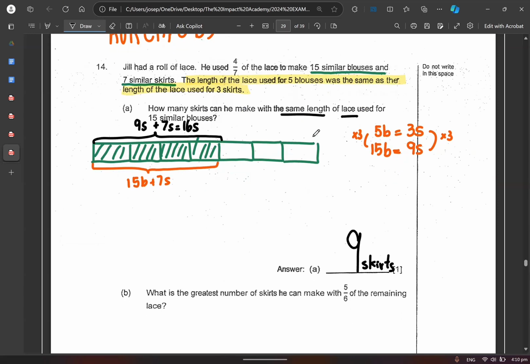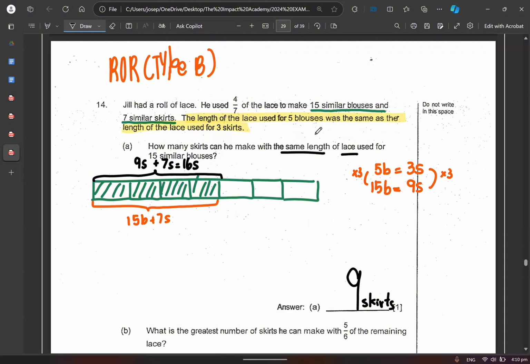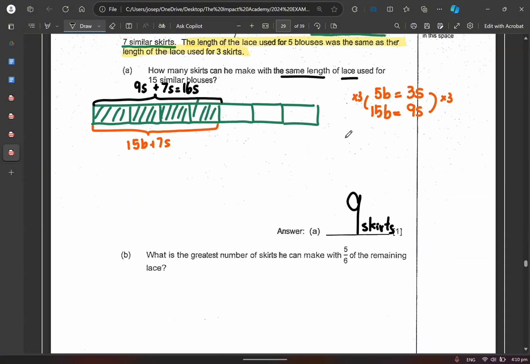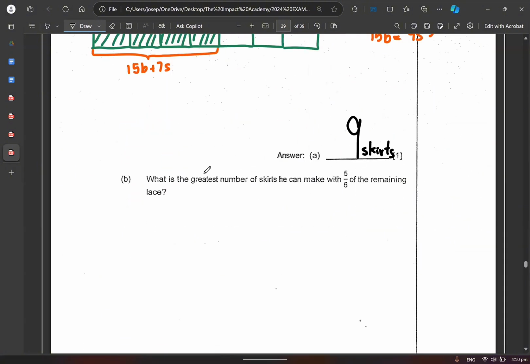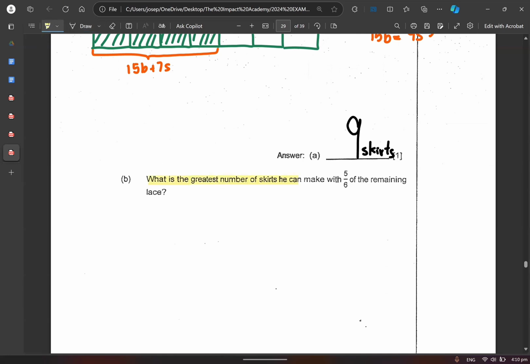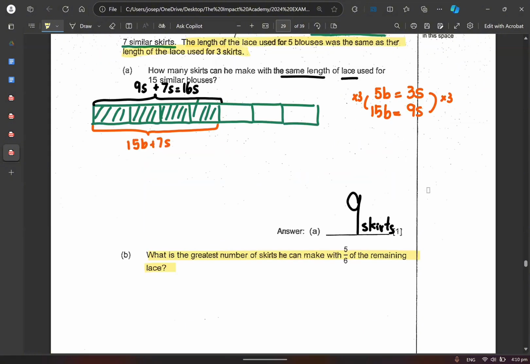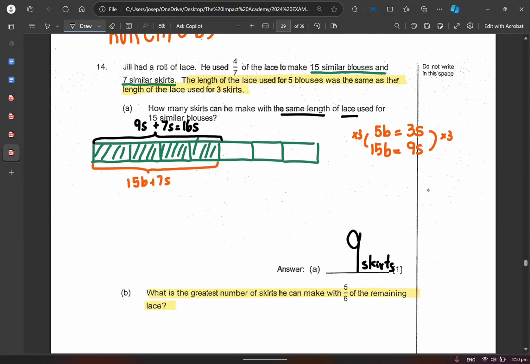So what I want to do next is to solve the next question. As you can see, the next question says, what is the greatest number of skirts he can make with 5/6 of the remaining lace? Now, again, they want us to find skirt. So 5/6 of the remaining lace. In fact, do you need to drop down?